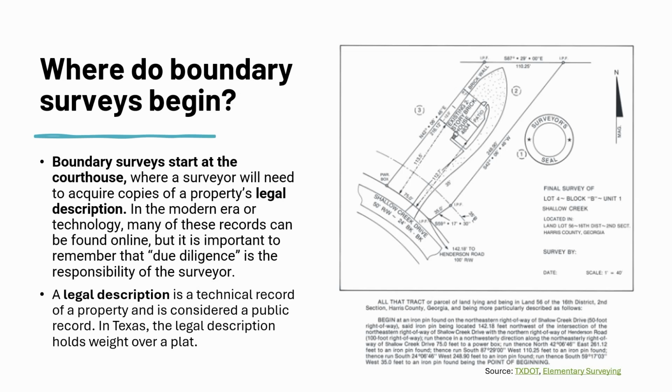So if you find what you feel is just enough information, but you don't feel like it's all of the information online, it would probably be in your best interest to execute on that due diligence and go to those courthouses and try to find some of that information.